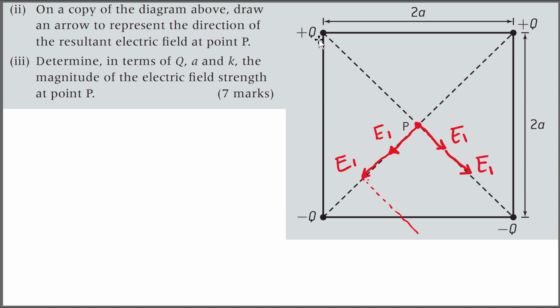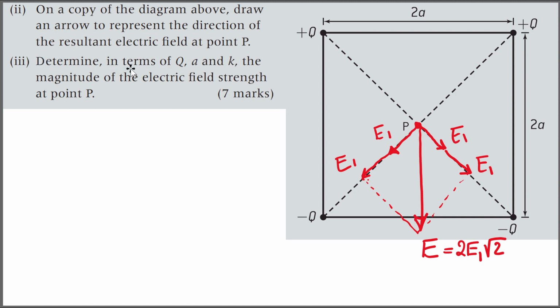The resultant electric field will be downwards, and let's name it E. 2E1 here and 2E1 here make a square, and so E, the resultant electric field, is going to be 2E1, the length of each side, multiplied by square root of 2.